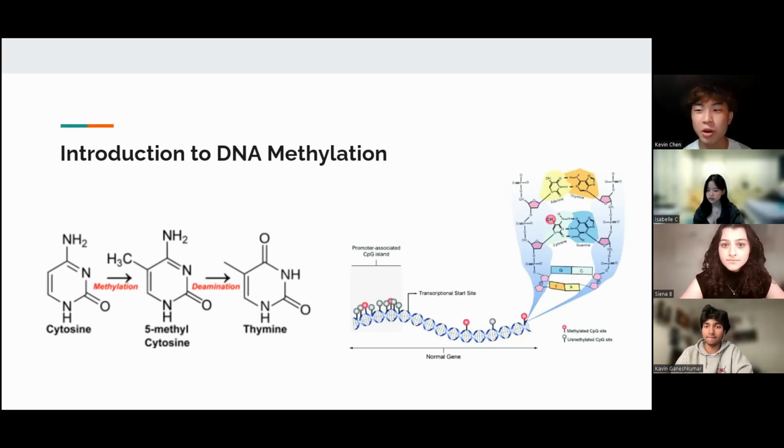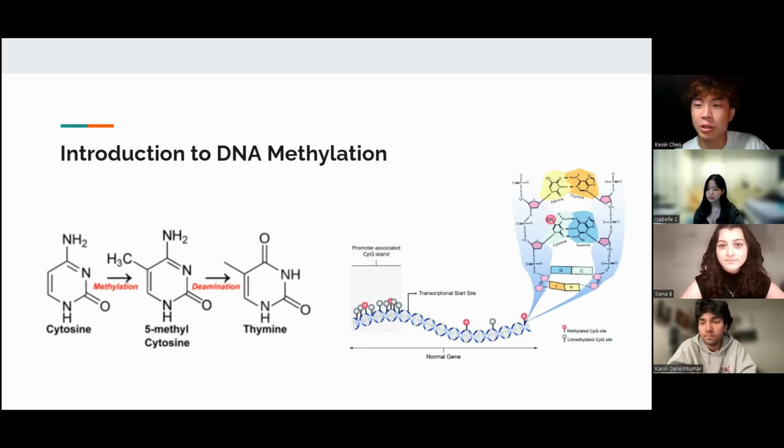These changes are not inherited from your parents, like DNA is. They are influenced by your environment and can indirectly affect your genome and gene expression, and consequently phenotype.